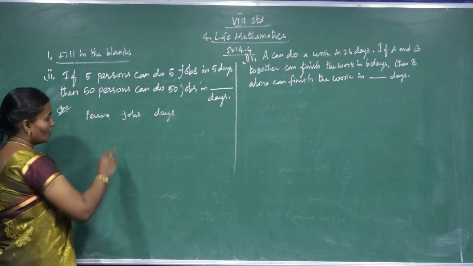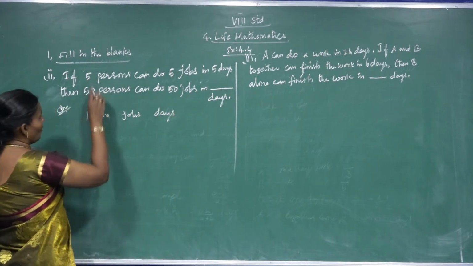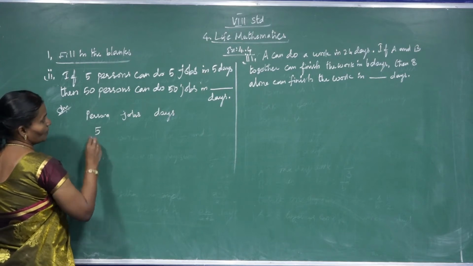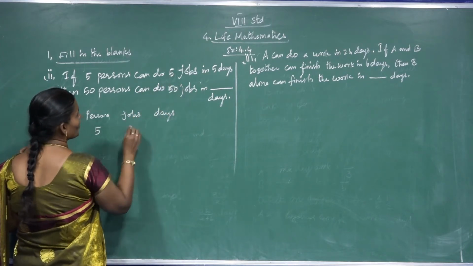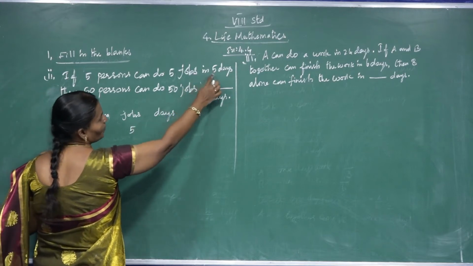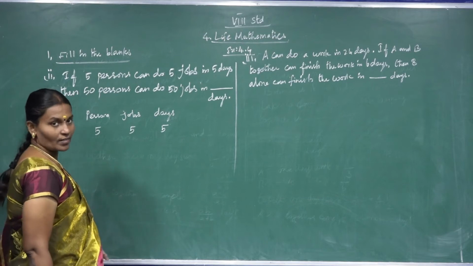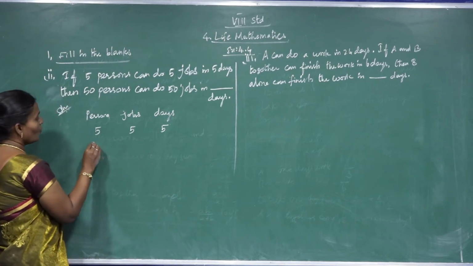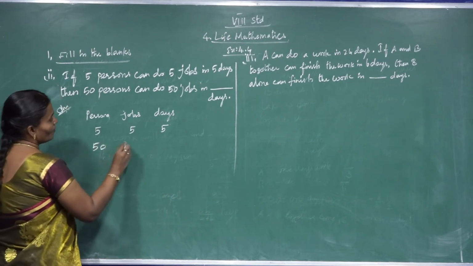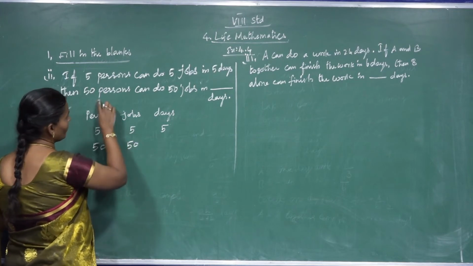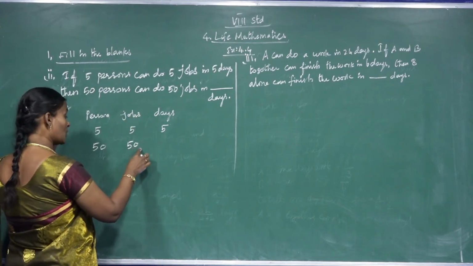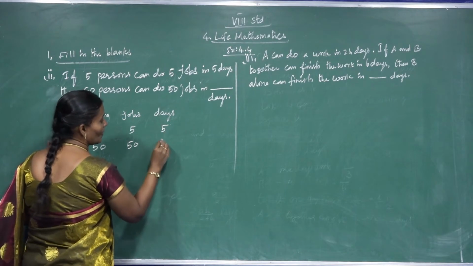So three columns. First one, how many persons? 5 persons. How many jobs? 5 jobs. In how many days? 5 days. Write like this. Then 50 persons, 50 jobs. 50 persons can do 50 jobs in how many days?